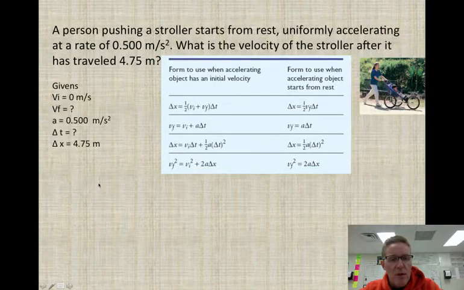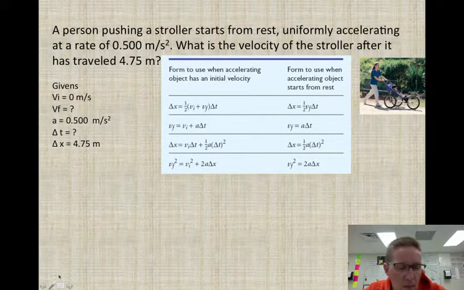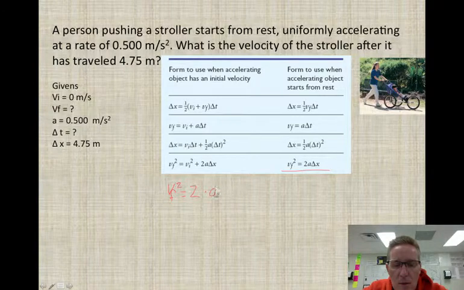Okay, so we're going to be plugging and chugging here. So we're still using this one. So VF squared equals 2 times acceleration times the change in displacement.